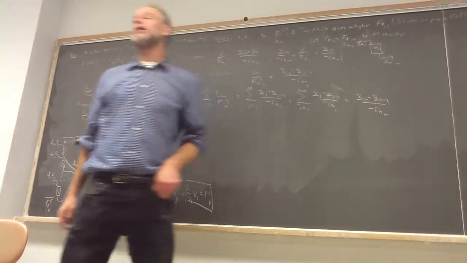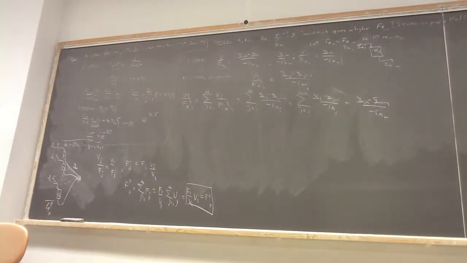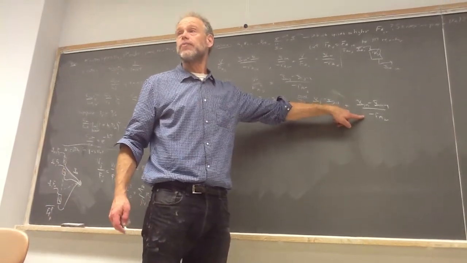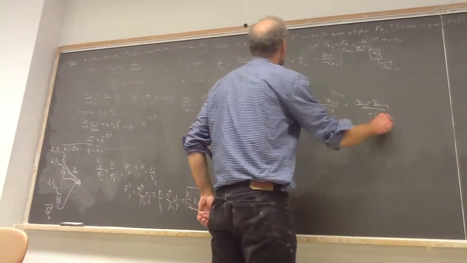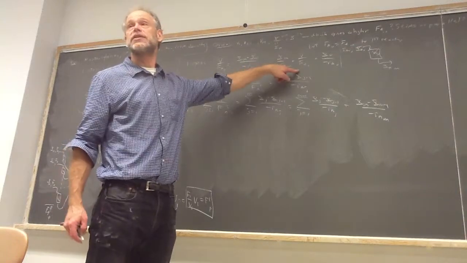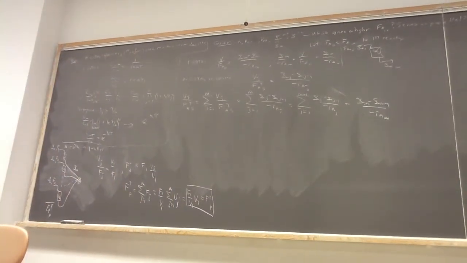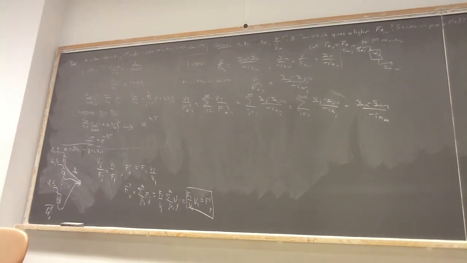Now you might say, why am I doing that? I'm doing that because I know something about this ratio, xm over minus ram. xm over minus ram is just this thing. So I can plug in for that. And let's see what I get.